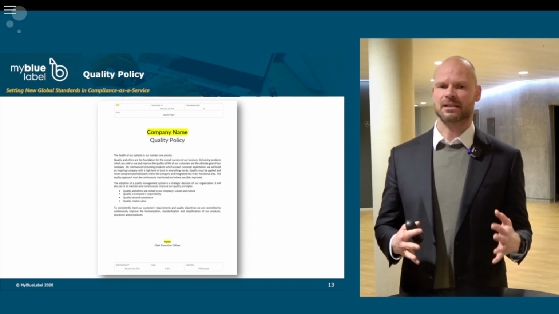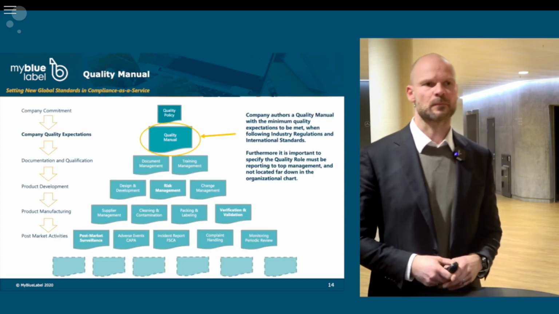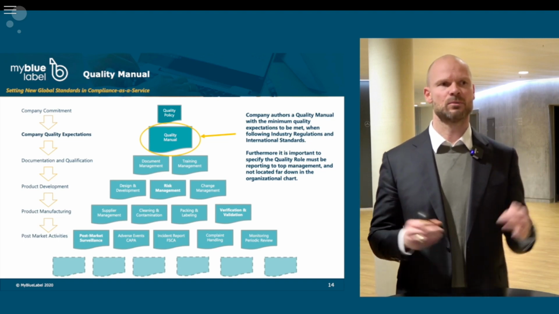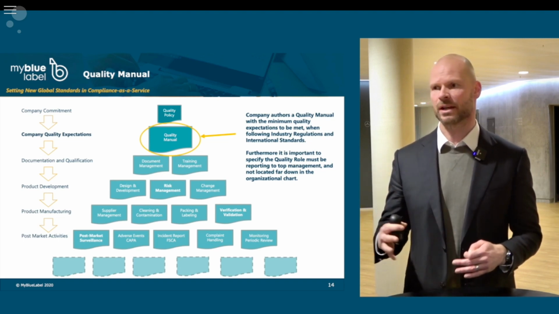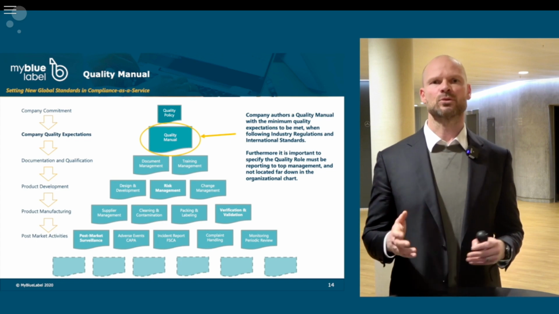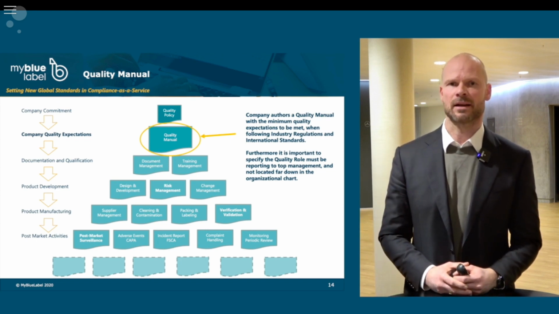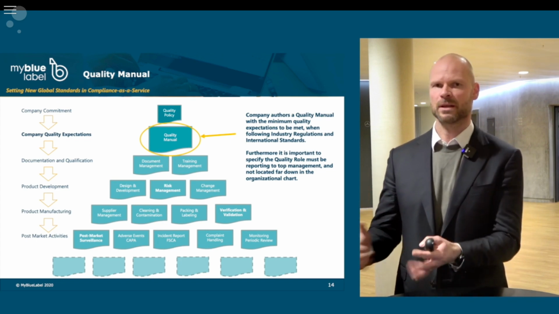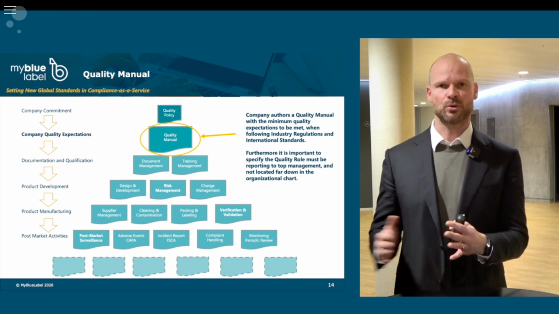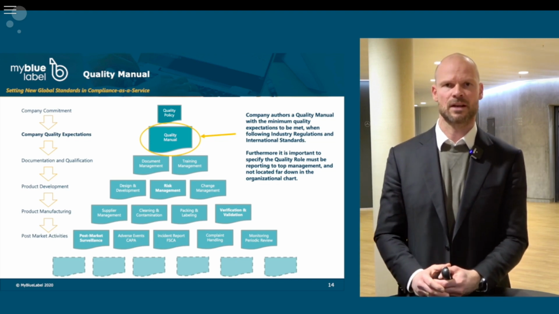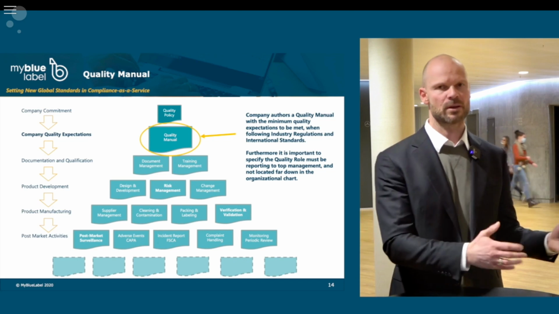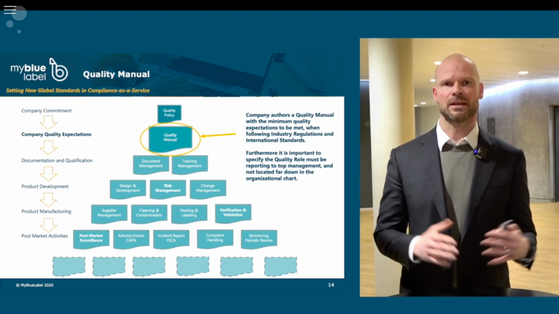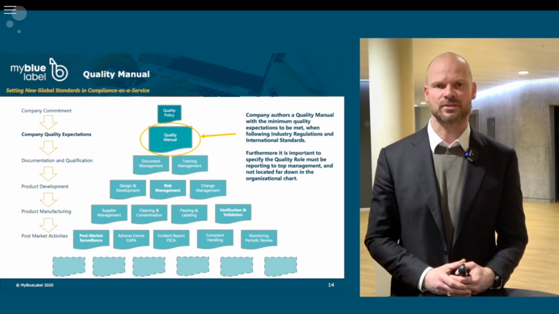If we take the next level, this is the quality manual. The quality manual is where the company will look to the outside world and figure out where we want to put our product on the market. If we want to go to the European market, then we're following the European regulations or directives. If we want to go to the American market, then we're following the FDA guidelines and regulations.